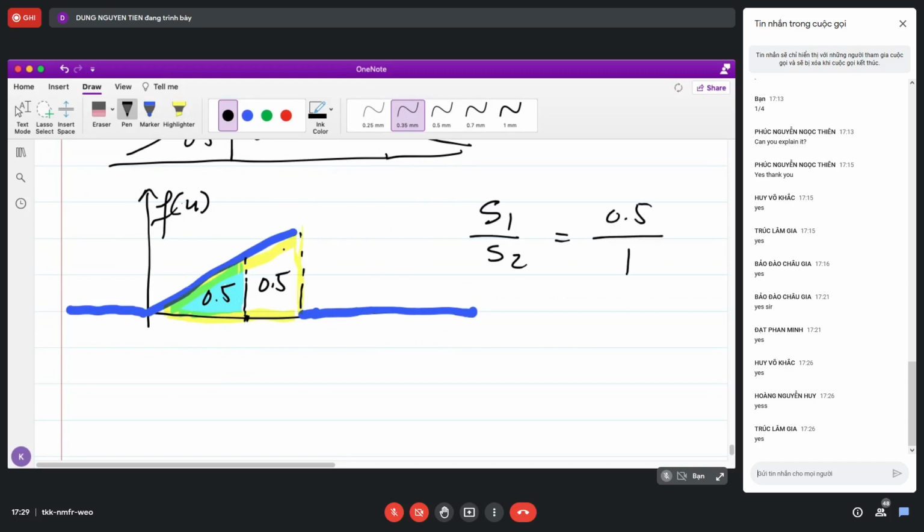The area of the yellow one is 1, so you get the ratio here. This is the median. And the ratio of the two areas is simply the square of this distance divided by that distance, so you get MD. Suppose that this point is 2, then you get (MD over 2) all squared.